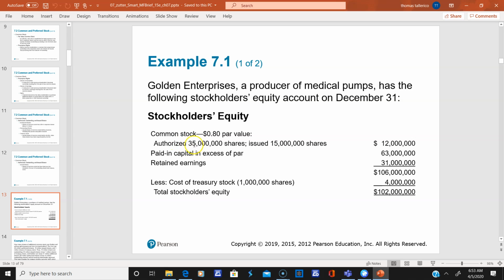This is from the balance sheet. This is the stockholders' equity portion of the balance sheet, okay? The 35 million shares are authorized, but 15 million were issued, okay? So 15 million out of the 35 were issued. And there's 1 million in treasury stock. Everyone see that? So here's that 15 million. And here is the 1 million. So basically that makes up 16 million of the 35 million, right?